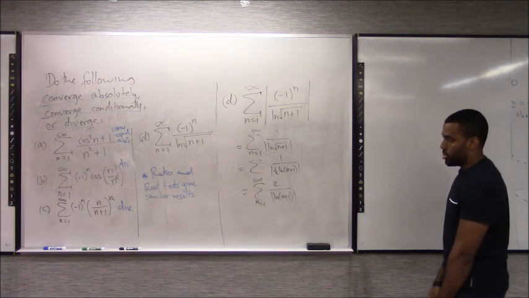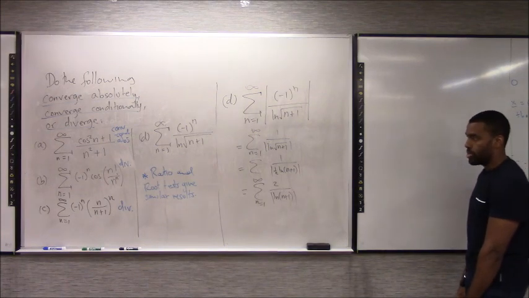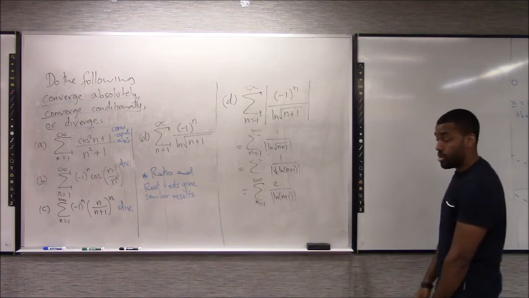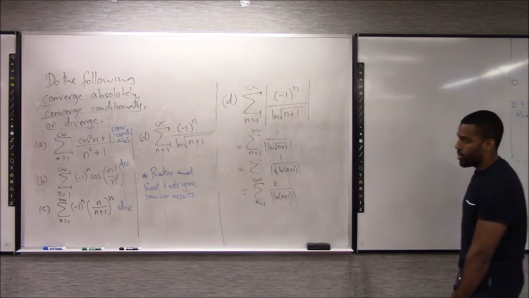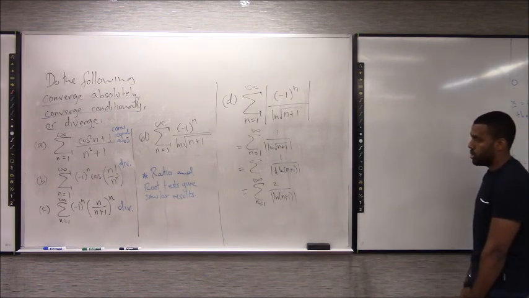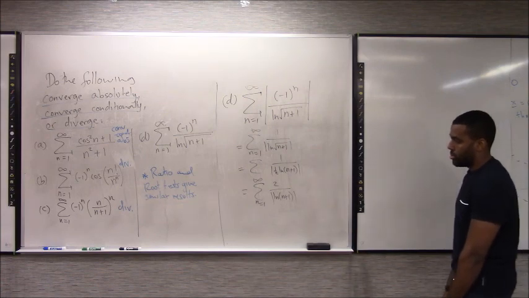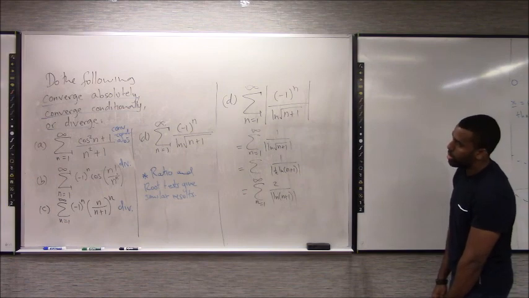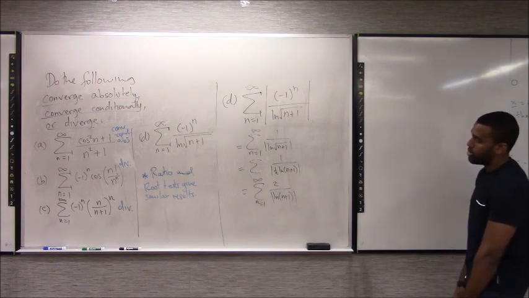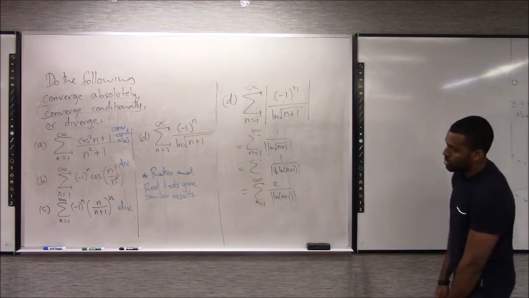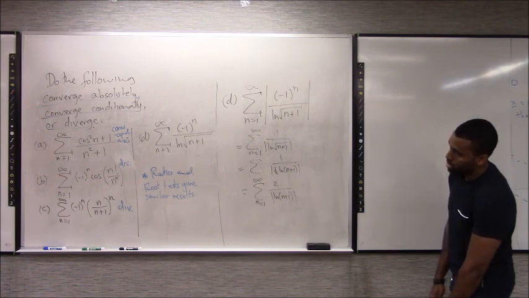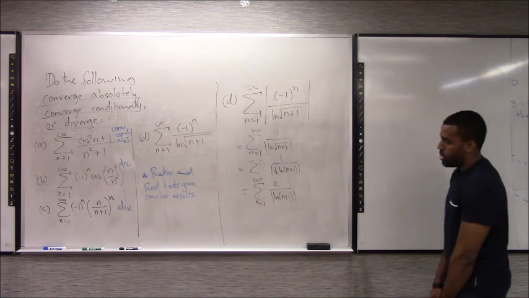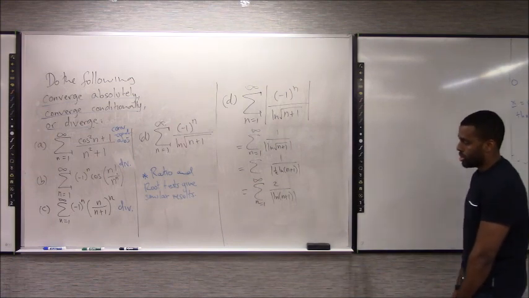So ln of n plus 1 is a real tough one. First of all, you should also notice that if you were to use the ratio test on that, it would be inconclusive. The root test would also be inconclusive.